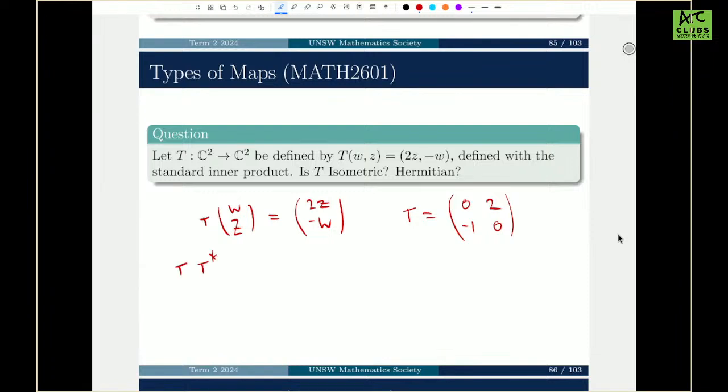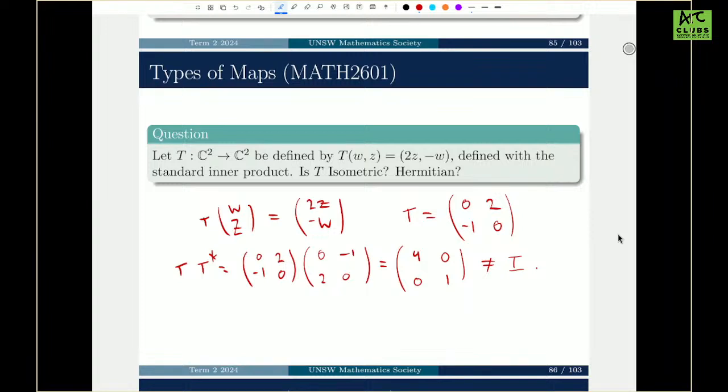T times T adjoint: this will be [0, 2; -1, 0] times, and I don't have to conjugate anything because it's all real, [0, -1; 2, 0]. That gives us 4 here, 0 here, 0 here, and 1 here. So this is very clearly not equal to the identity matrix. So it's not an isometry.